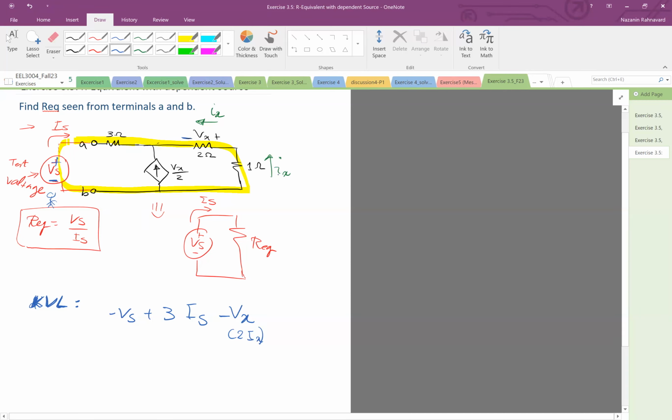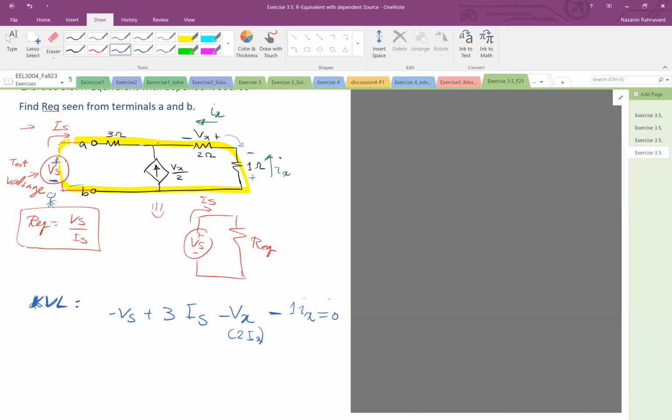But you come here, if this is Ix, so basically this would be 1 times Ix, the potential. Then when I come here, I hit a negative, so negative 1Ix. When you come back here, equal to 0. Okay, so this is important. Make sure you get this point.